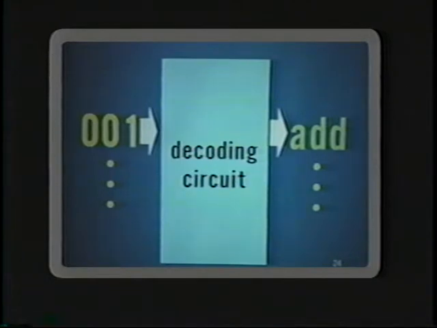A special circuit contained in the central processor decodes each of these binary opcodes and directs other parts of the computer to execute the instruction. For example, our computer performs an addition whenever it decodes an opcode of 001.